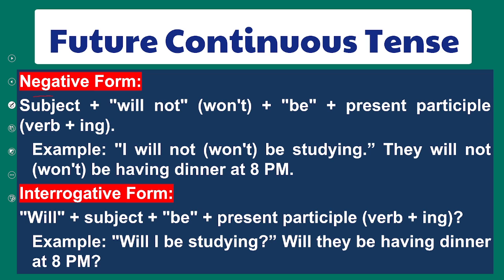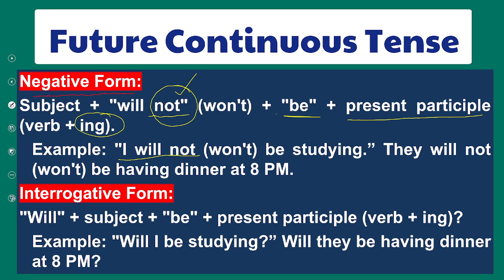Now we have to study the negative form of future continuous tense. So what do we have to do to make these sentences negative? For the sake of transforming the future continuous tense into negative form, we just have to insert not after the modal verb as we did in the simple future tense. So we just have to insert not plus be plus the same ing form, and the sentence will become a negative sentence.